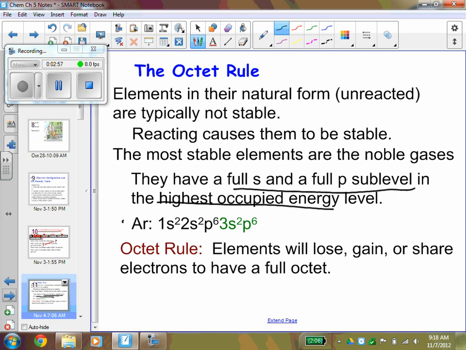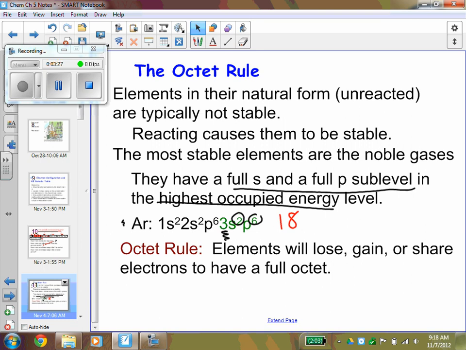Notice with argon, I have 1s2, 2s2, 2p6, 3s2, 3p6. This has a full octet: a full S and P in the highest occupied energy level. Noble gases are group 18, and since noble gases have this full octet configuration, everything wants to be like them.